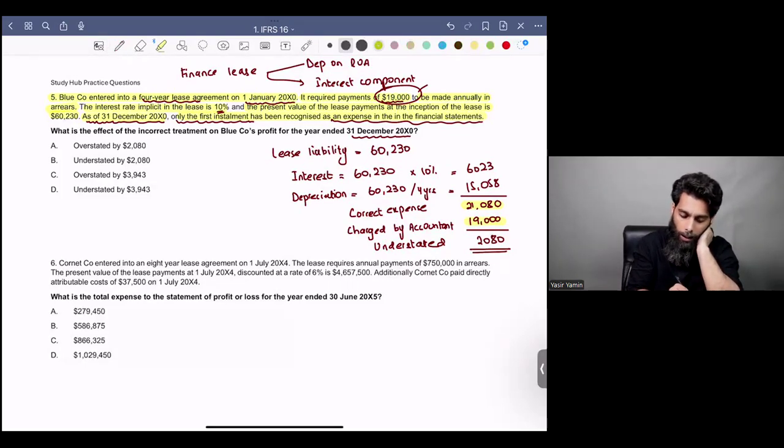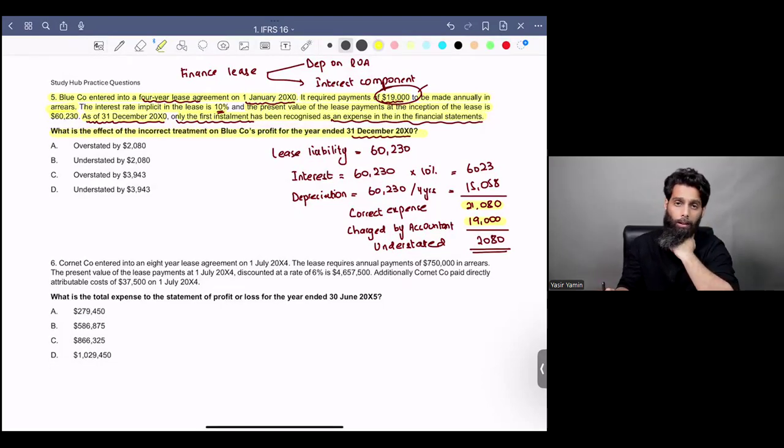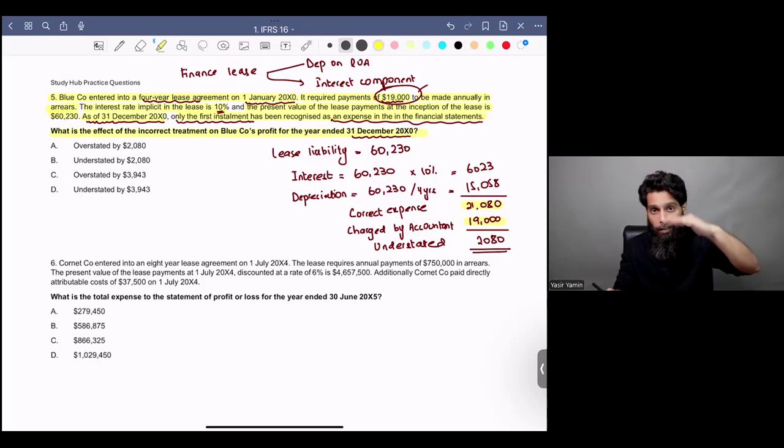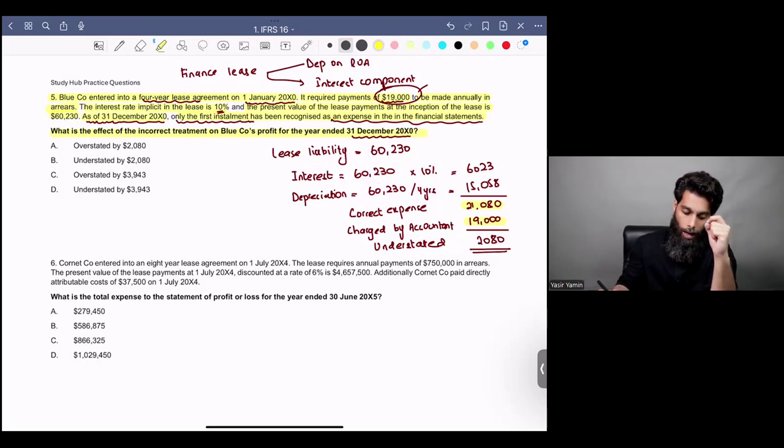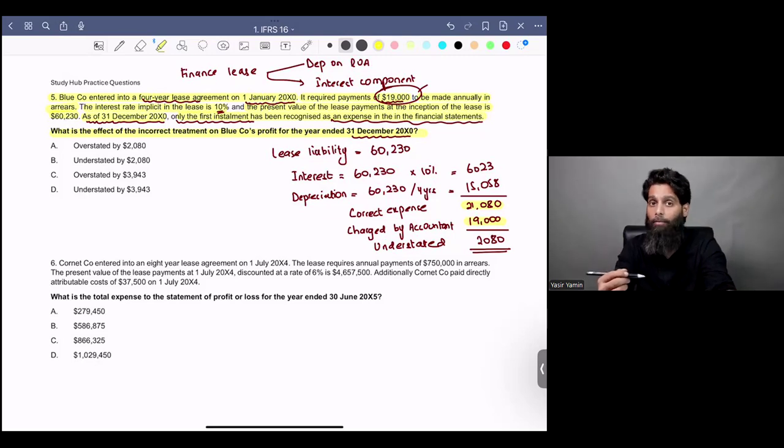So the examiner is asking, what is the effect of the incorrect treatment on Blue's profit for the year ended 31st December? Your accountant understated the expense, and as a consequence, your profits should have been overstated. Do you all agree?